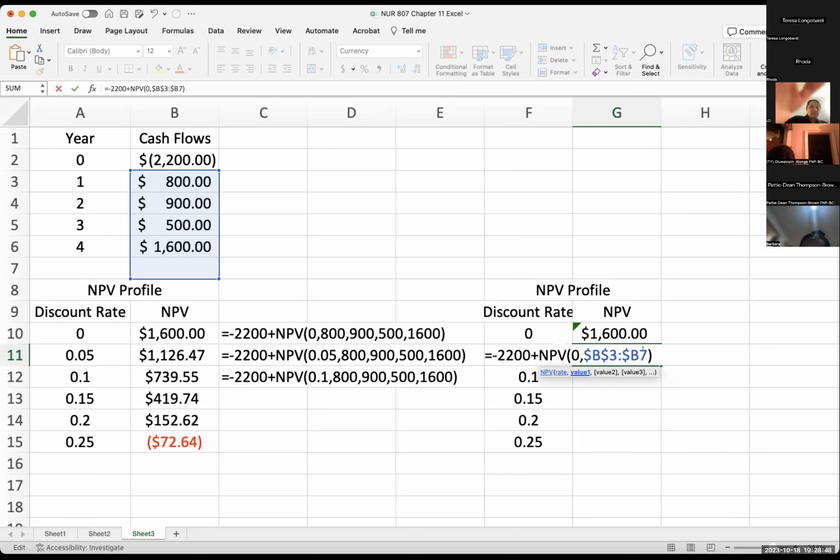You want to start at B3. Let me think about this. Hold on. You want B3 because you want to stay in the column. Yeah, you want to keep it the same. So B3 to B7, the same numbers.